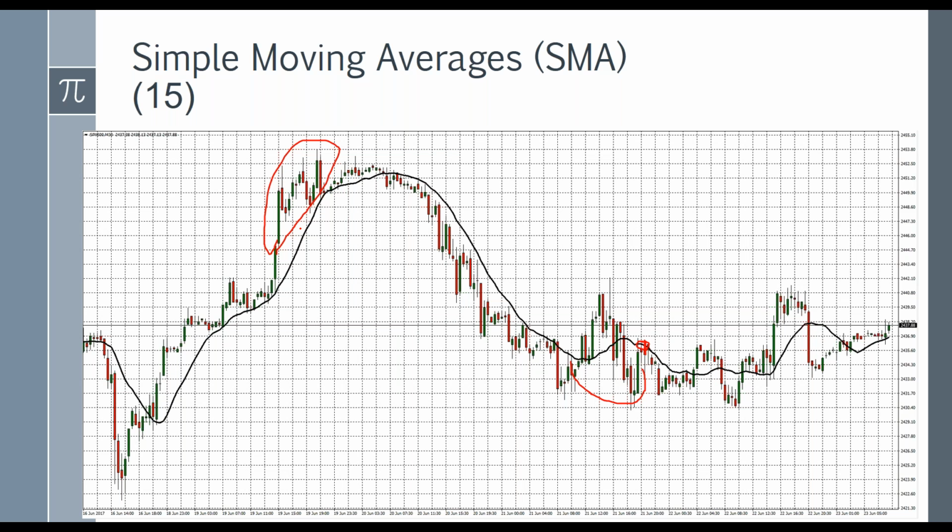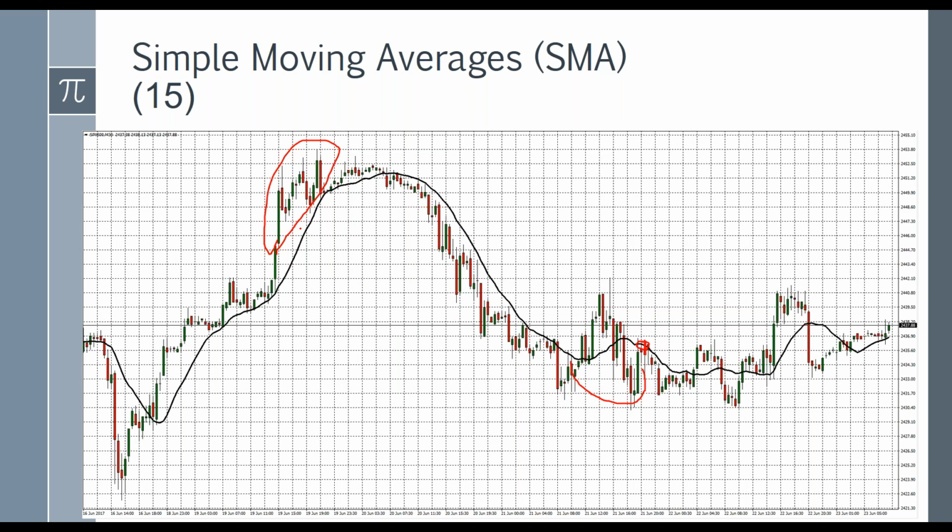What does it tell us? It tells us this is a very bullish market. When there is a strong difference between the SMA and the candles, it means that the market is quite strong right now. And when the price is below, it means it's a bearish market. That's the main idea behind it.